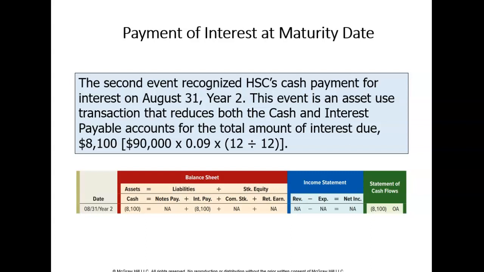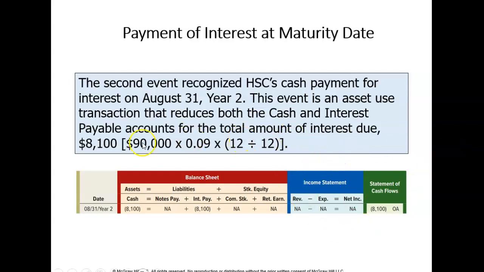So now we're going to make a cash payment in the amount of $8,100, which is to cover the interest payment for that 12-month time period. We're paying the interest owed for the last 4 months of year one and for the first 8 months of year two, a total of 12 months.